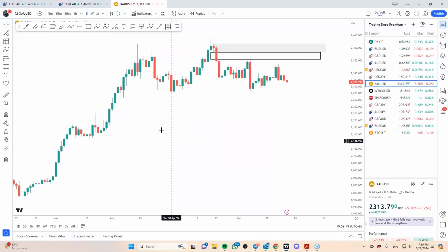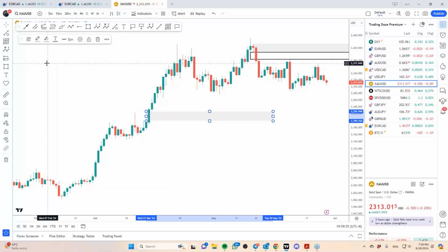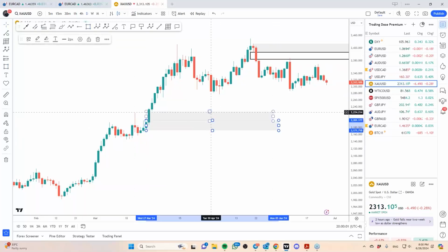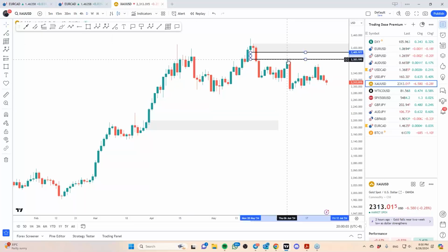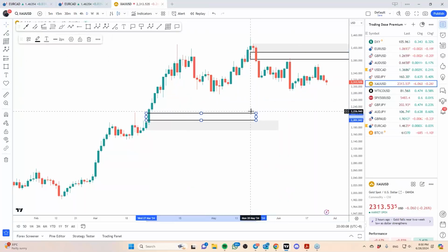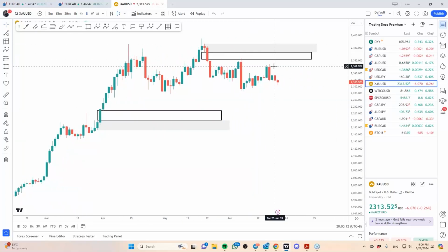So very, very straightforward, right? Over here you can see as the market is going up, if this is our fair value gap, where's our order block? This candle. So let's duplicate this. That's the simplest way of identifying supply and demand zones.